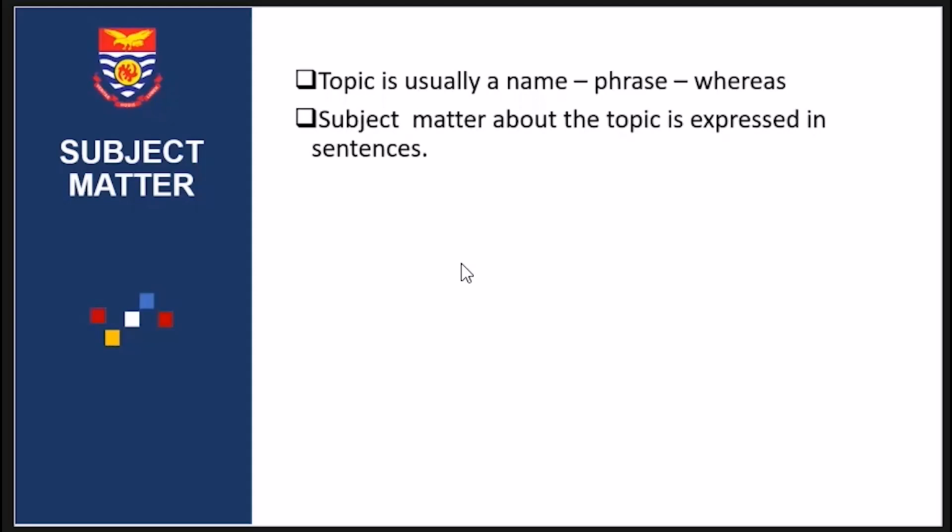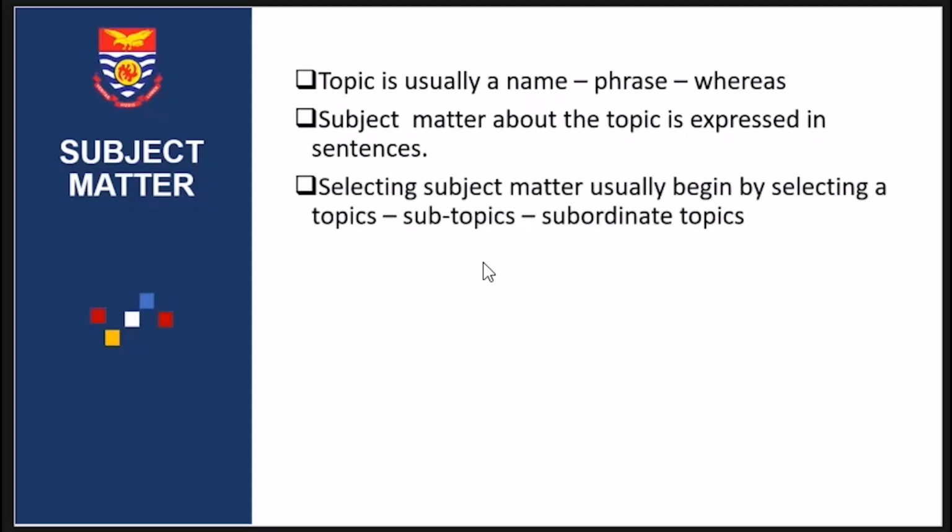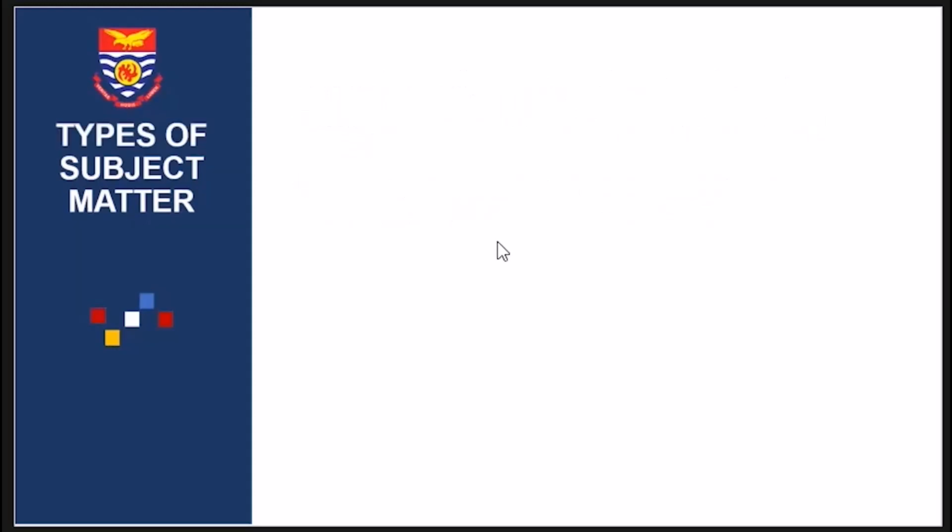To find the area of a rectangle, multiply the length by the width is a sentence, while area of geometric shapes is a phrase. So you should take that into account. When we talk about selecting subject matter, we're usually referring to selecting the topics, then you select subtopics, then subordinate topics, and then you talk more about them. Then we are talking about selecting subject matter.